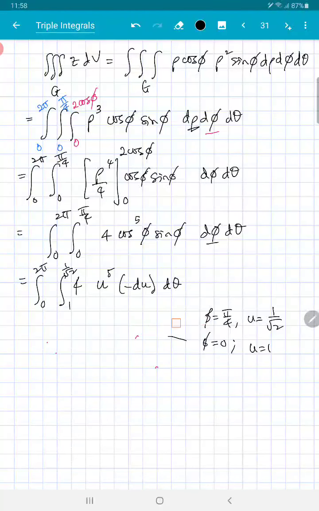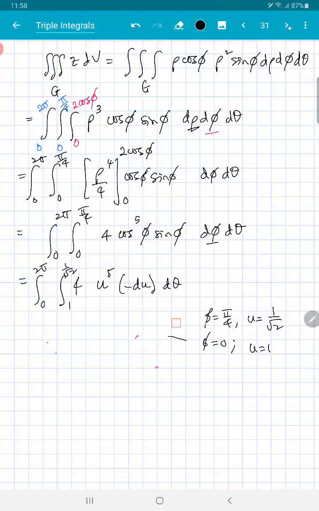Now integrate u to the power of 5. We get, let's put negative here so that we don't get confused, u to the power of 6 over 6, and here we have 1 to 1 over square root of 2, and we still have d theta.